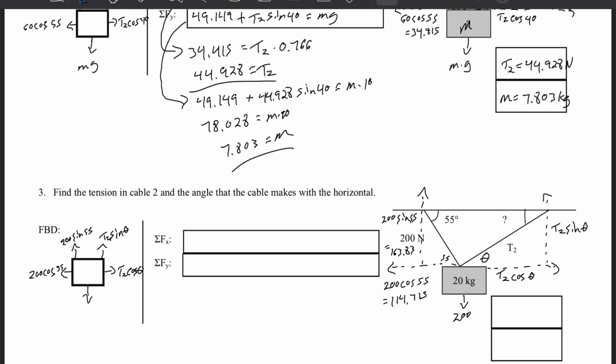Vertical forces are balanced to each other. Horizontal forces are balanced to each other. We can do our net force equations. 200 cosine 55 is equal to T2 cosine theta. That's the horizontal ones. The vertical, 200 sine 55 plus T2 sine theta, the two upward forces, are balanced to the downward force of mg.